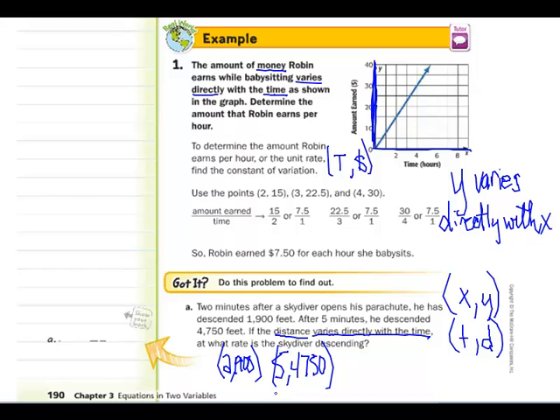So I've got y2 minus y1, so 4,750 minus 1,900. I had to borrow from there. So 2,850. So that's my difference in my y's over my x's, x2 minus x1, which is 3. 2,850 divided by 3.